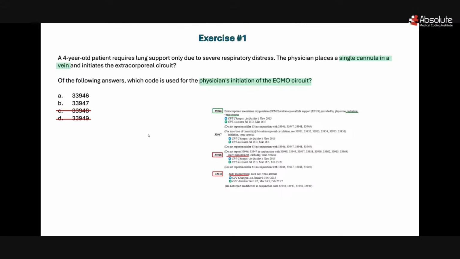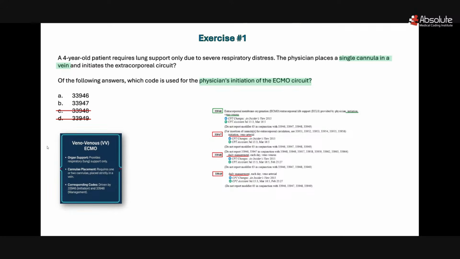Now let's look into the remaining options. We have option A and B. Both are coding for the initiation codes. You have 33946, that is for ECMO initiation venous, and the other one is for ECMO initiation arterial. And if you remember, I said there are two types of ECMO device, venous and arterial. And how do you differentiate it? We know arterial supports both heart and lungs, while venous only supports the lungs, right?